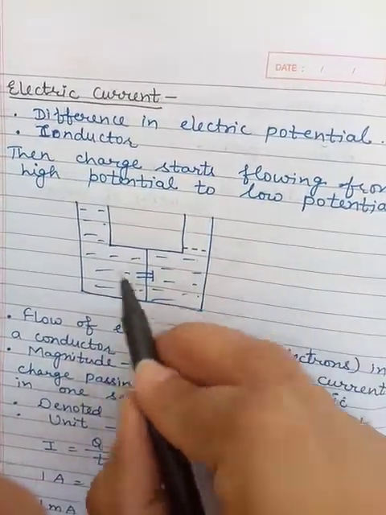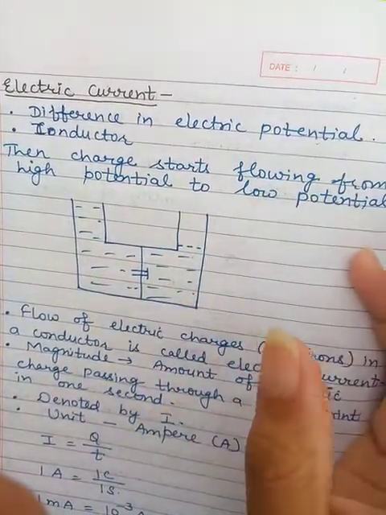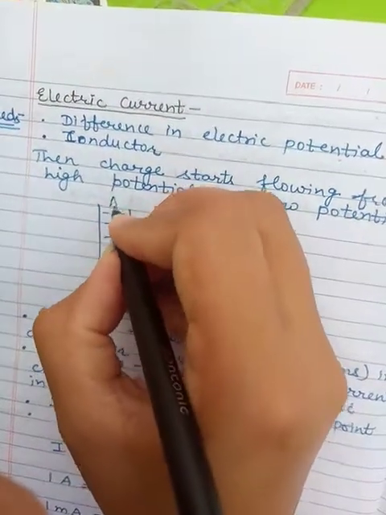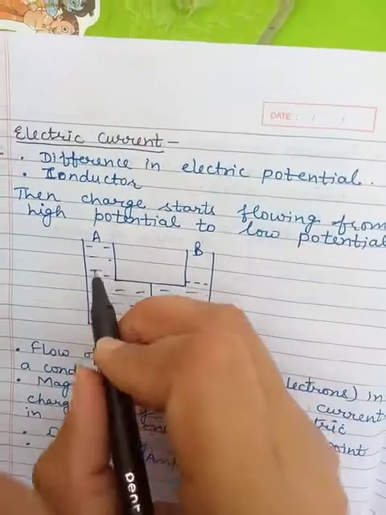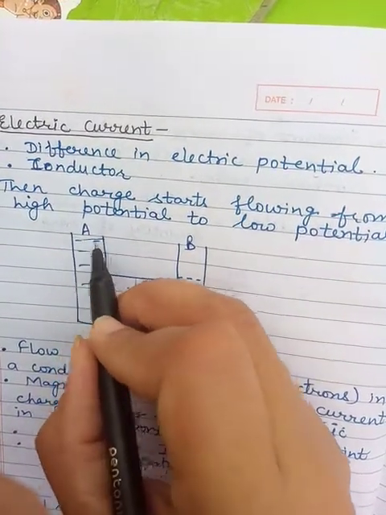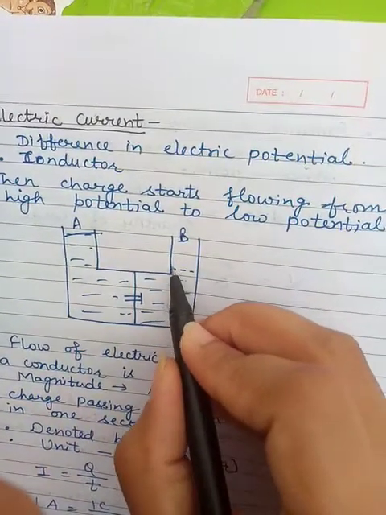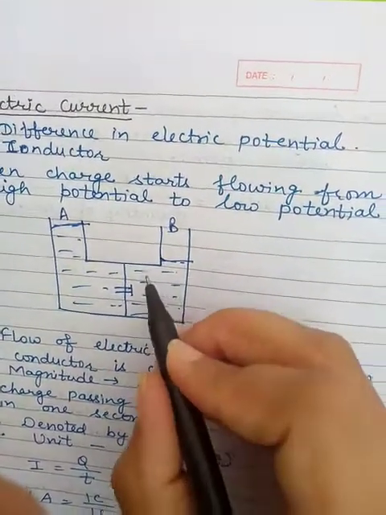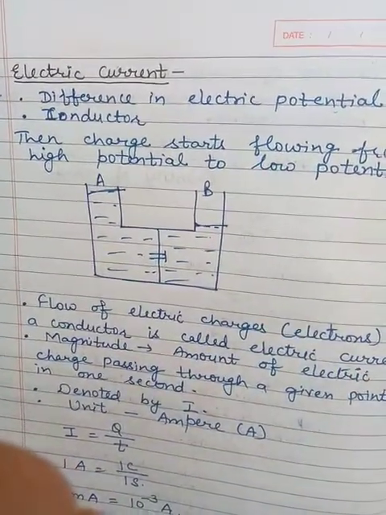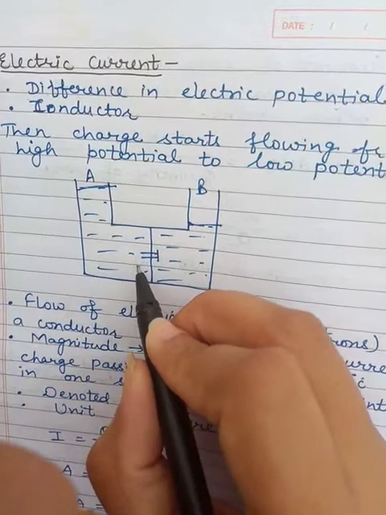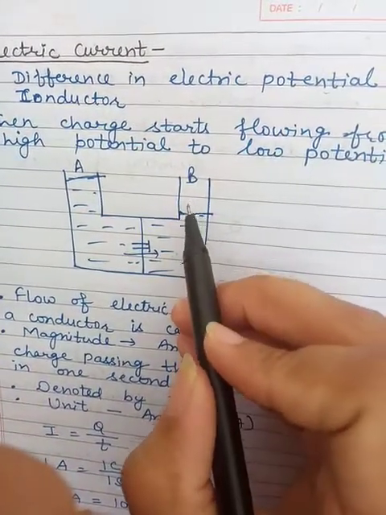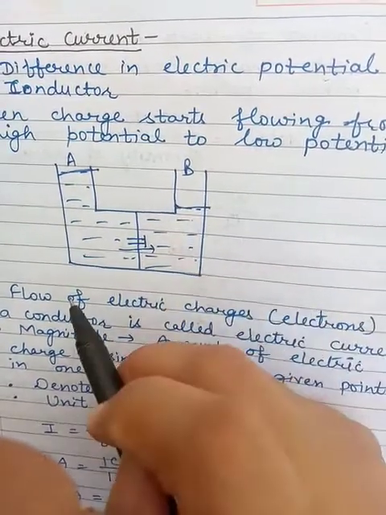Suppose this is a vessel having a knob in between, and in this arm A and this arm B there is a difference in water levels. In arm A there is more water and in B less water. So when we open the knob, the water from A will start moving towards B because the level of the water in arm B is very less.